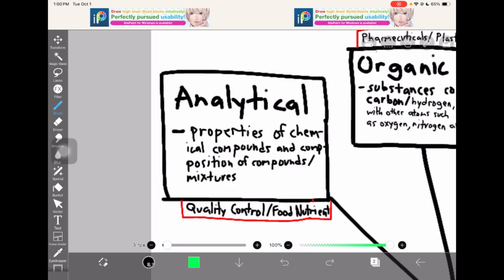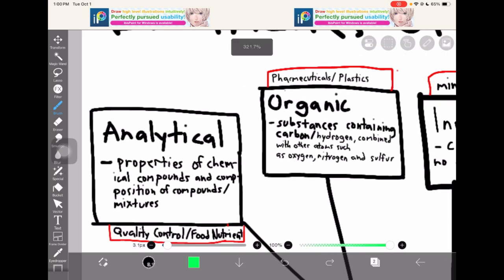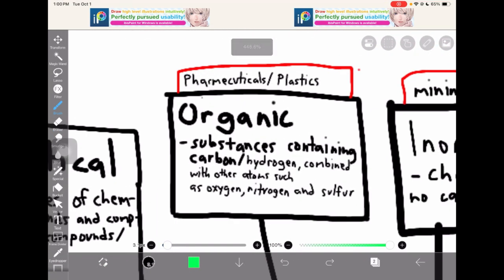For organic chemistry, it's substances containing carbon and hydrogen combined with other atoms such as oxygen, nitrogen, and sulfur. It may sound a bit complex, but it's really just the pills, like medicines we use, and plastics.